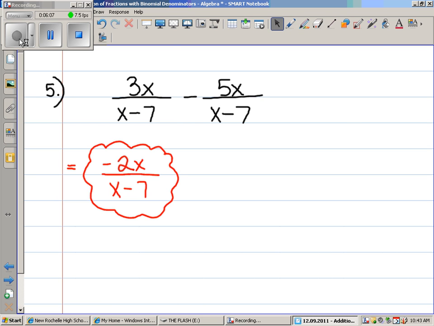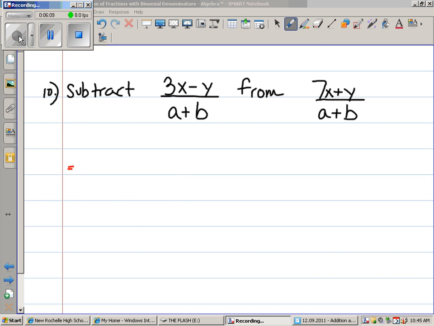That's it. So the major problem also in this class, remember I told you at the end of the year, your test, if it were only pure math, I think so many more people would pass, but it's a lot of reading. Subtract that from 7x plus y divided by a plus b. Which one is the one in the front?